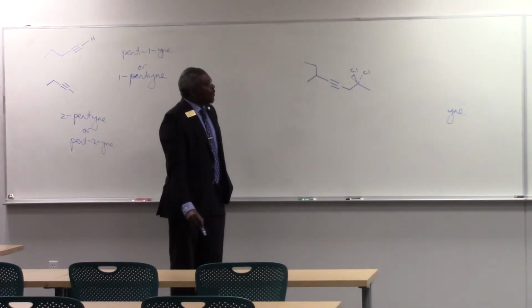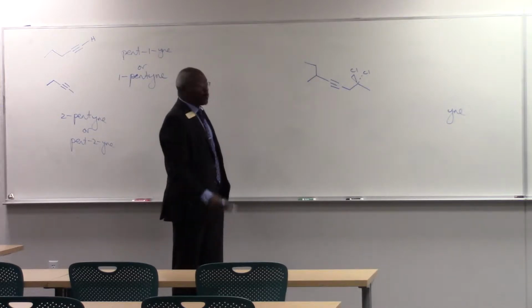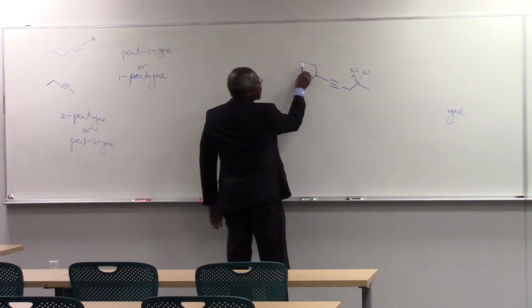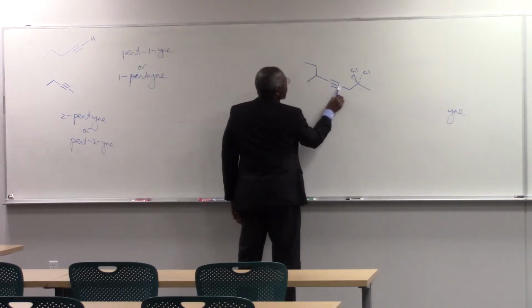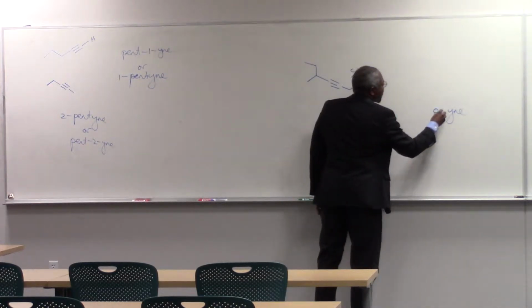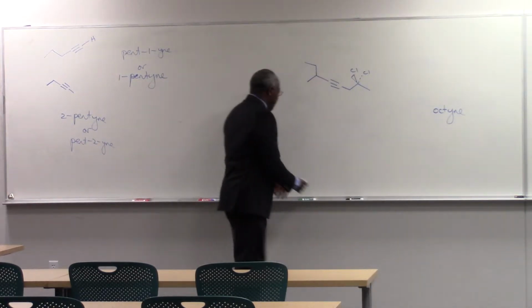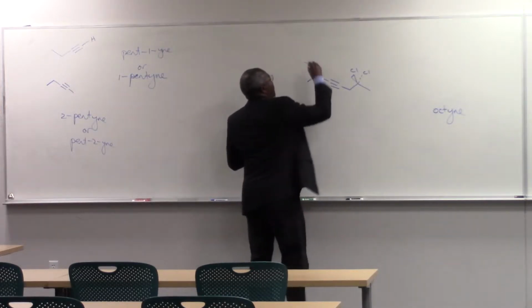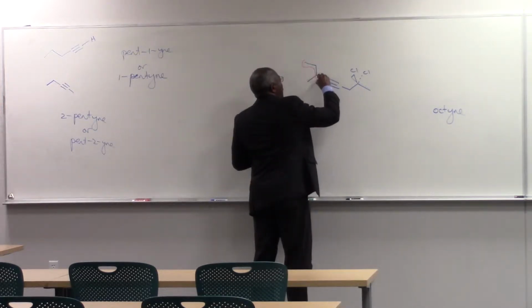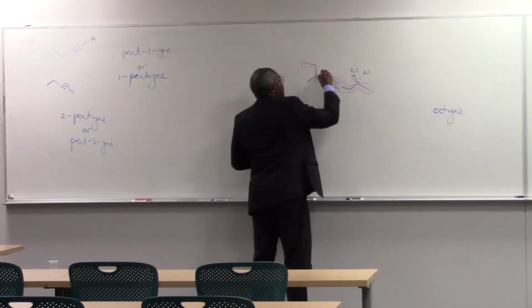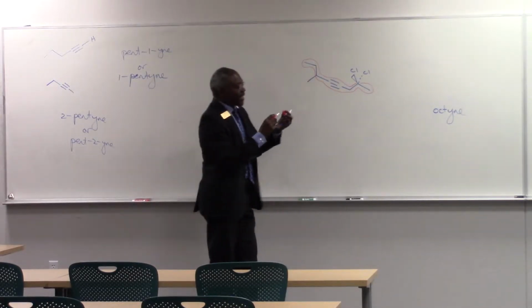I want to get the longest chain that includes my functional group. So that's going to be carbon 1, 2, 3, 4, 5, 6, 7, 8. So that's going to be an octyne. It's not just an octyne, right? So if I pick this, of course, it's my longest chain, right? And I'm doing this sort of mentally in my head.